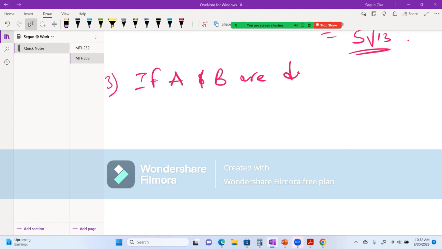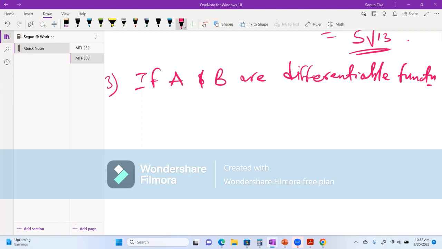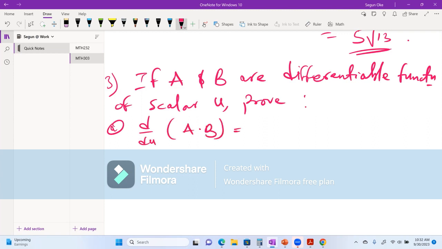If A and B are differentiable functions of scalar u, prove that d/du of A dot B is equal to A dot dB/du plus dA/du dot B. I often see this question.